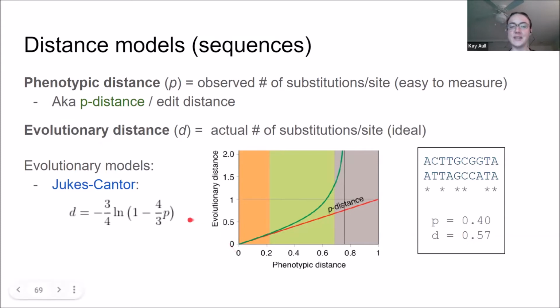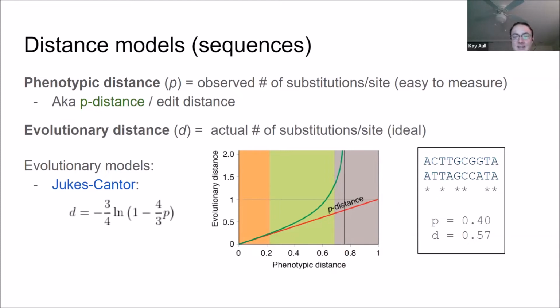As you proceed further and further into the phenotypic distance and these things get less and less similar, you start to get instances where a single site has mutated multiple times. And so you can't just keep proceeding into infinite phenotypic distance. It's like pure randomness. You're going to match a quarter of the time just by chance.